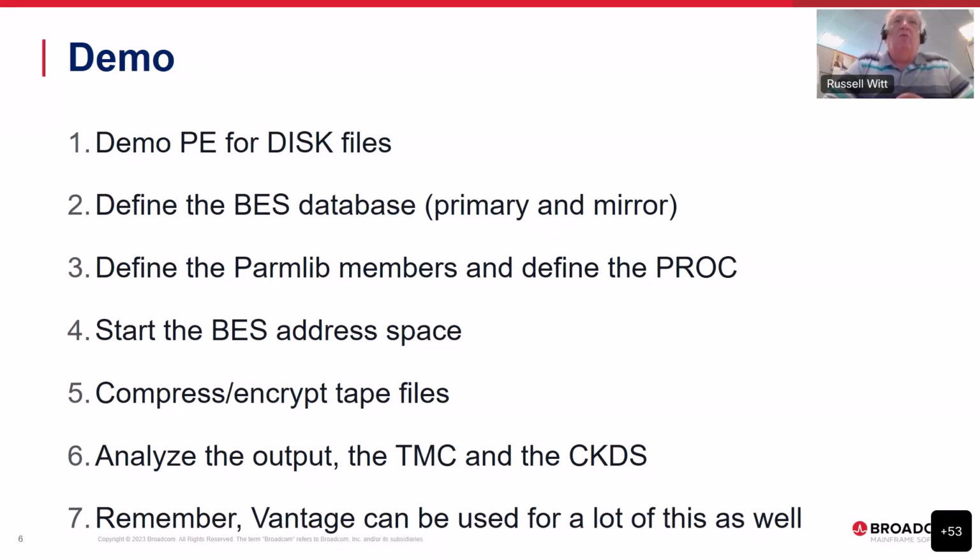So I'm going to define the BES database, define the parmlib members for the BES proc, and start the BES address space. At that point, we'll be able to compress and encrypt tape files. I'll analyze the output of those compressed files, the TMC data, the CKDS, and remember that Vantage can be used for a lot of these displays as well.